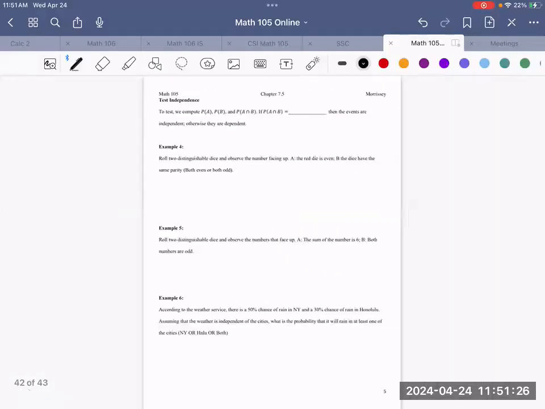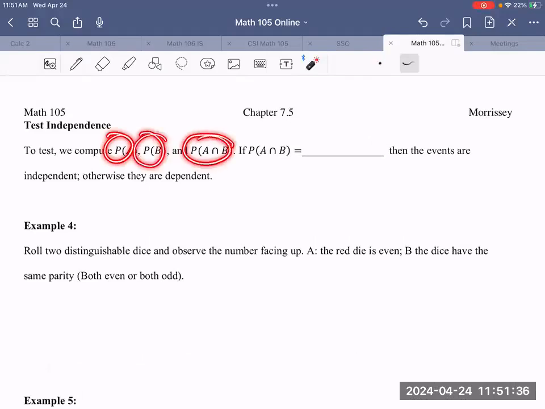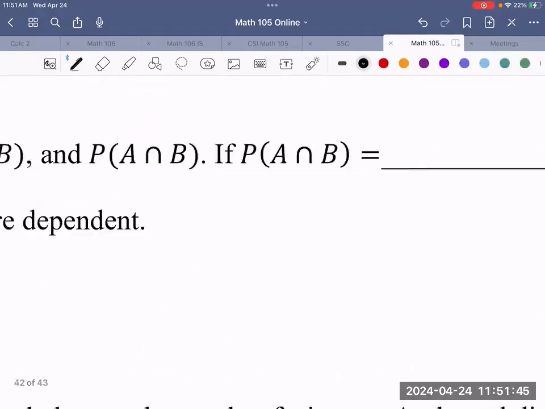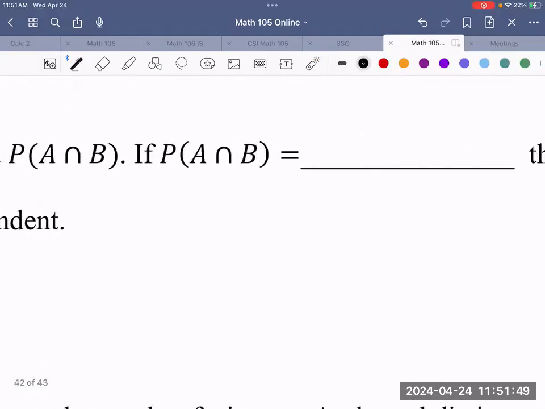All right, now we're going to be testing independence. To test independence, we compute the probability of A, the probability of B, and then the probability that they happen together. Once we've found all three, we test whether P(A and B) equals those two probabilities multiplied.